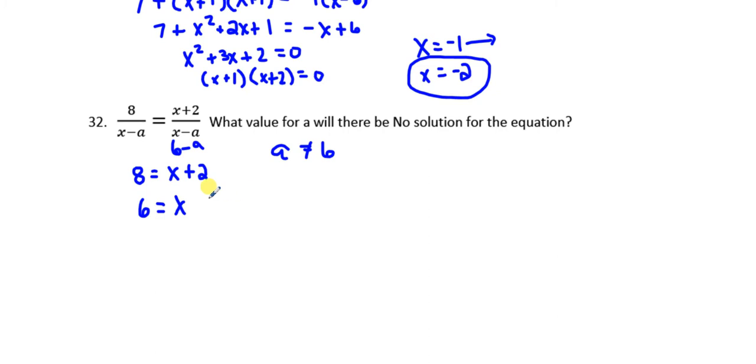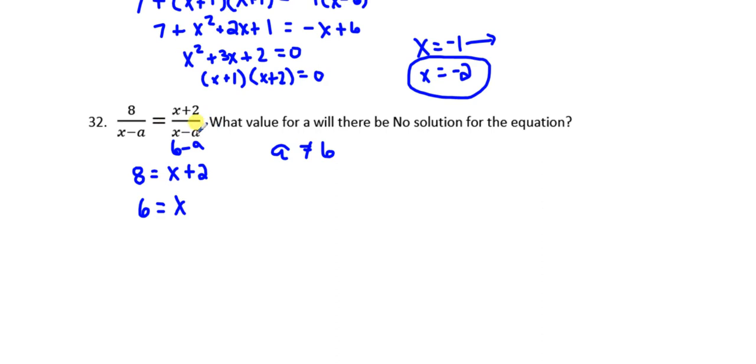Any other number? Well, x equals 6. Any other number for a will be fine.